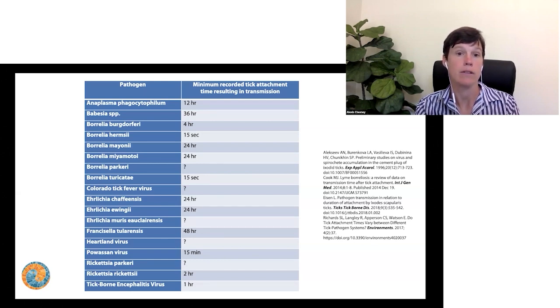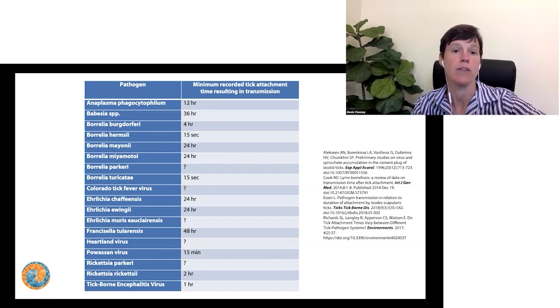And then later, these tick-borne relapsing fever pathogens, Borrelia hermsii, Borrelia turicatae, those are both 15 seconds, right? So very, very quick. So those are attaching at night, for people who might be inadvertently the hosts.